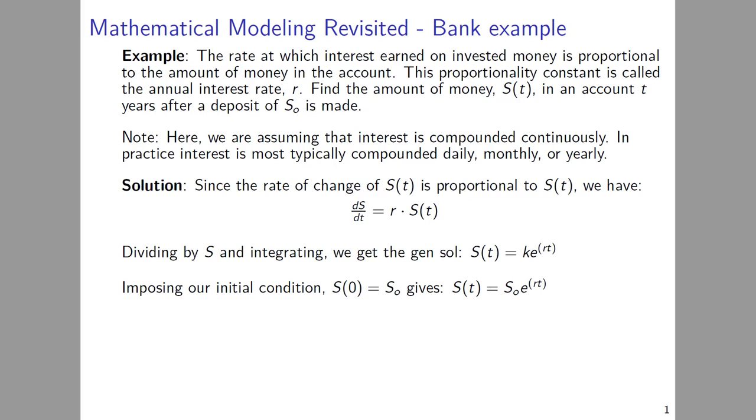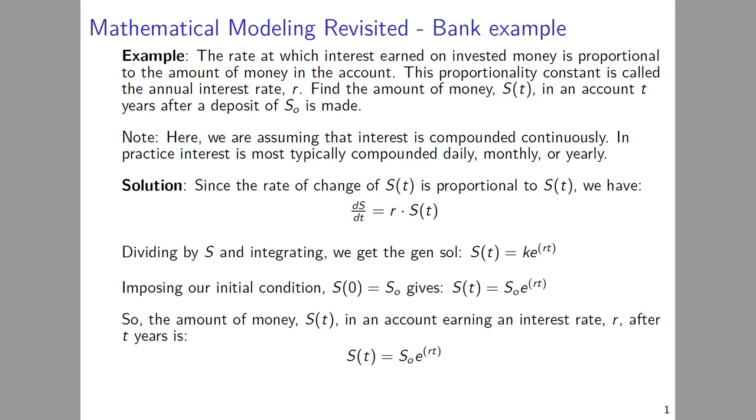And imposing our initial condition, S of 0 equals S naught, gives that S of t is S naught times e to the rt. So, the amount of money, S of t, in an account earning interest at a rate R after t years is given by the formula S of t equals S naught times e to the rt.